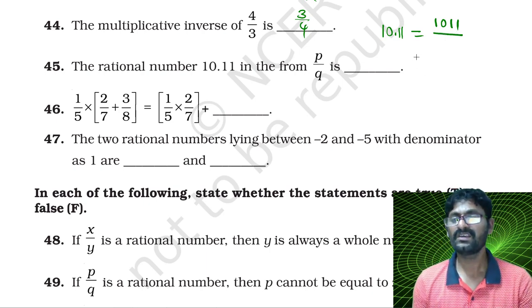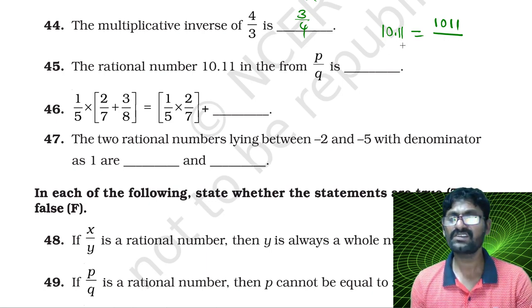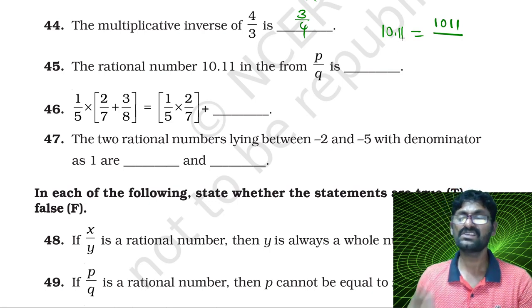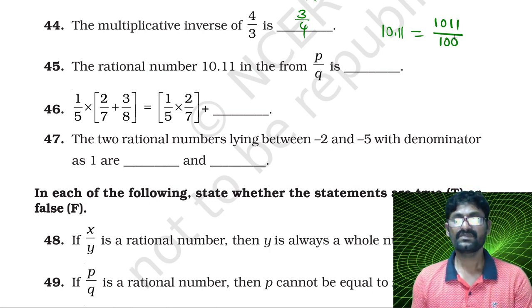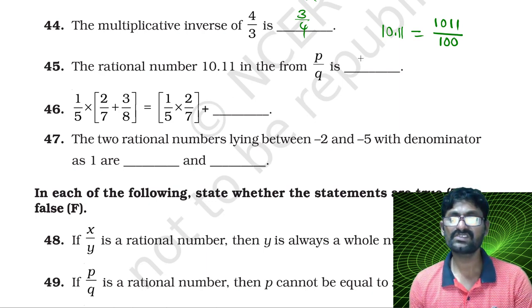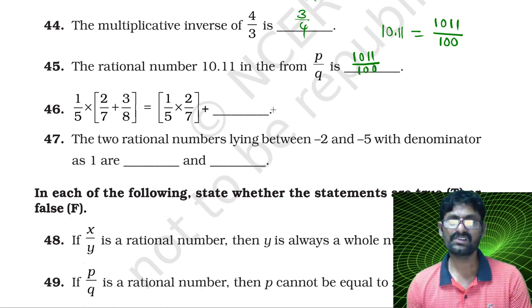Then divided by, after the decimal point, you count how many digits are there. After the decimal point, 1, 1. That means 2 digits are there. So put 100. Right. So the answer for this one is 1011 by 100.